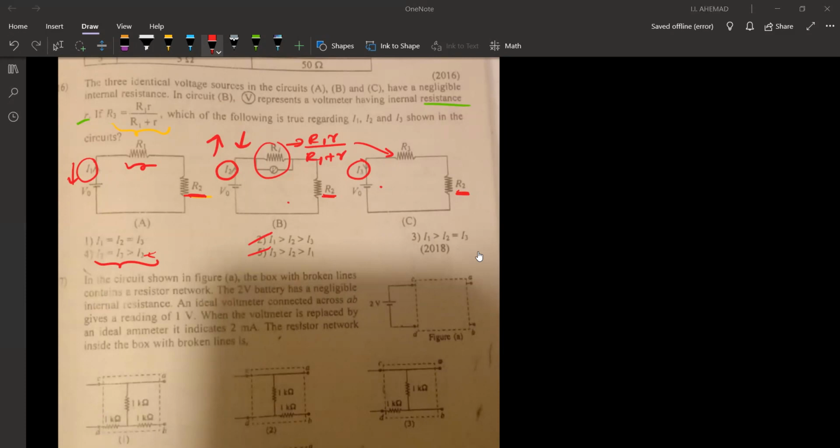Fourth one. Here, it is I2 equal to I3, right? Then it is a printing mistake. Maybe this is I1. Then it will be correct, right? How about the others? Clear with this question?